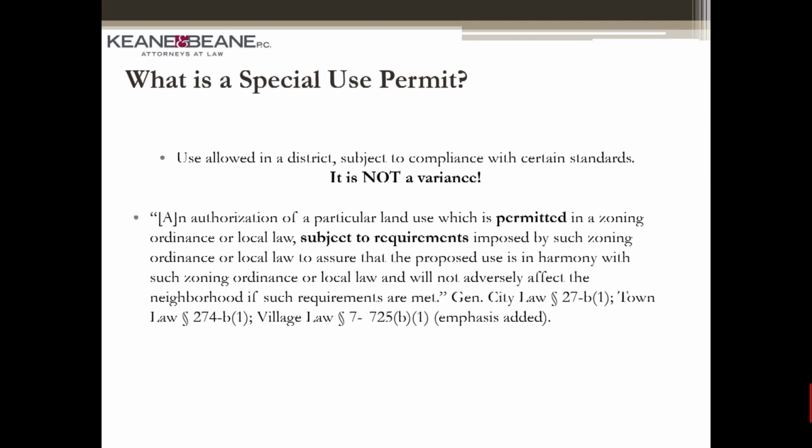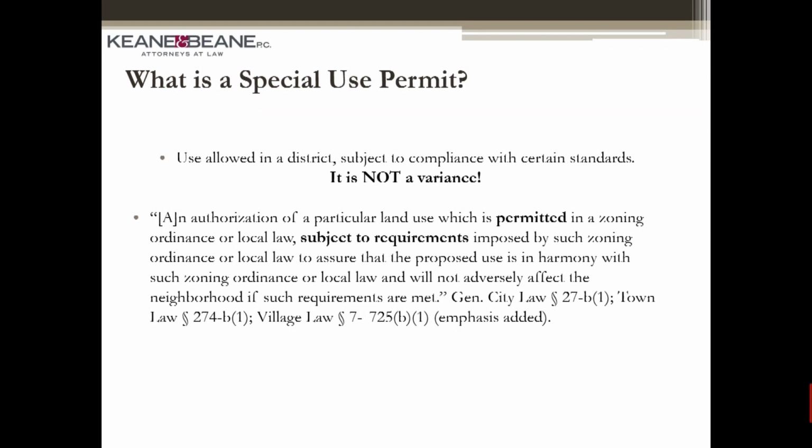So, what is a special use permit? A special use permit refers to a particular type of use that is allowed in the zoning district, subject to compliance with certain standards. So it is in your schedule of use regulations listed as a particular manner in which a particular use is authorized, but it does come with certain standards.